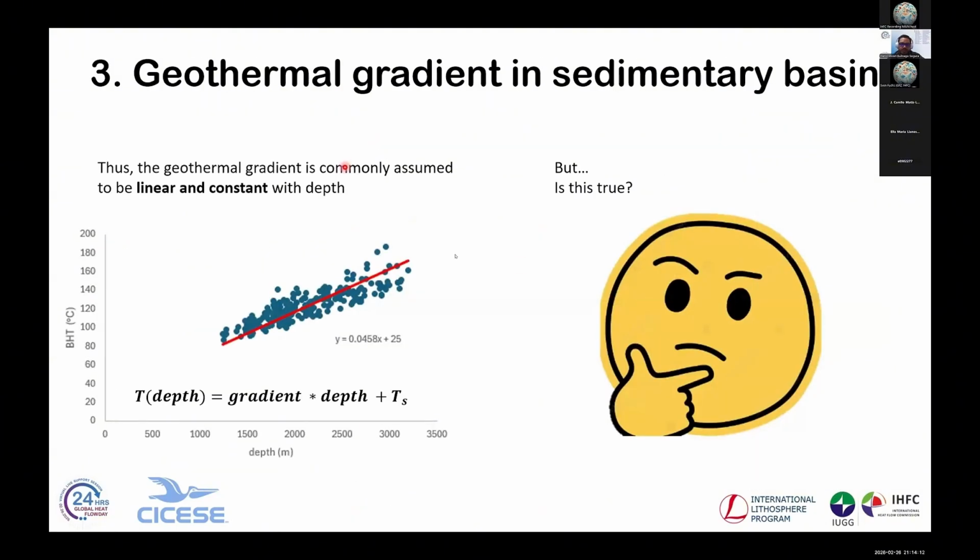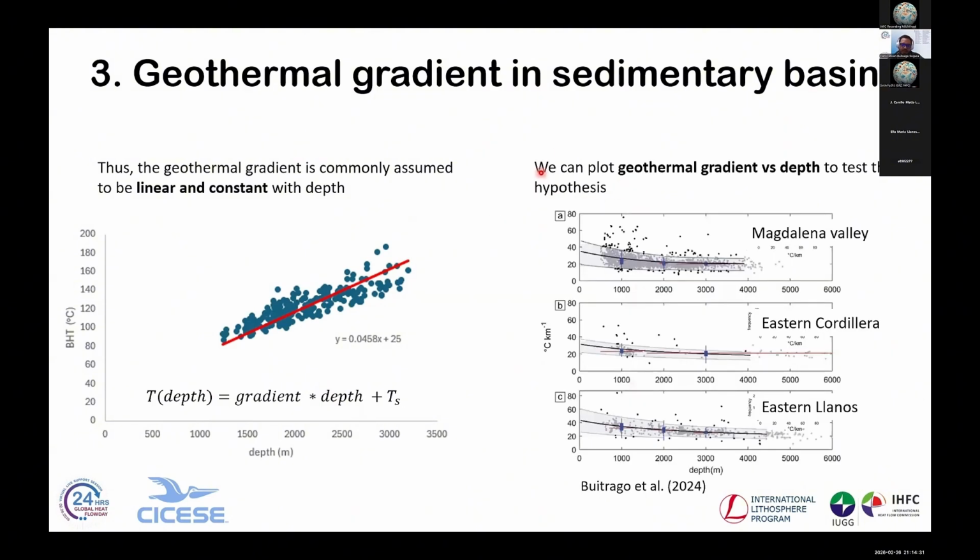So let me ask: can this figure really be used to support the linear gradient assumption? I think that we have enough information to test that hypothesis.